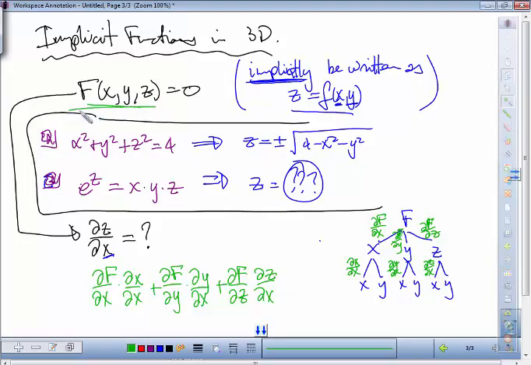That's the derivative of this thing, and it's supposed to be equal to 0, so let's say that that's equal to 0.